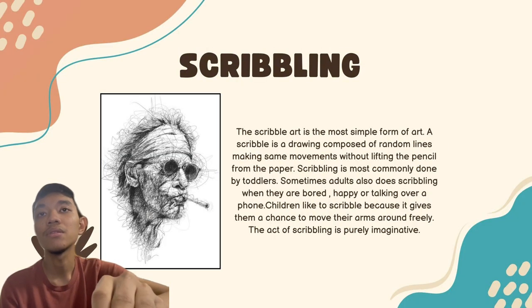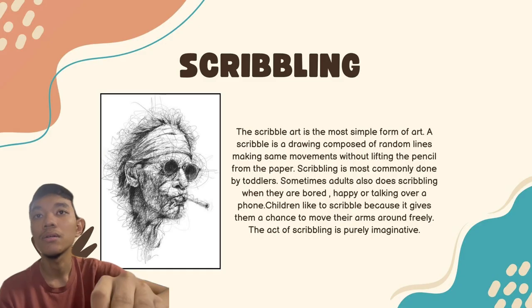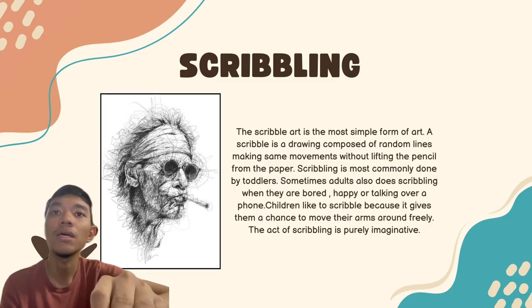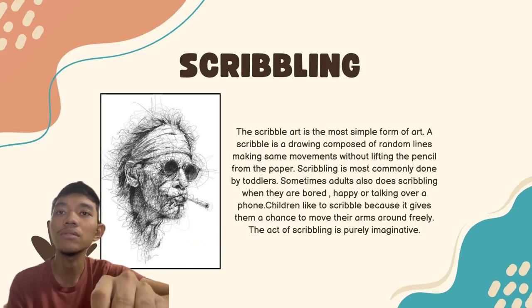Number 5 is scribbling. The scribble art is the most simple form of art. A scribble is a drawing composed of random lines, making some movement without lifting the pencil from the paper. Scribbling is almost commonly done by toddlers.